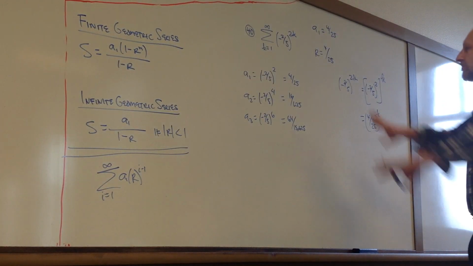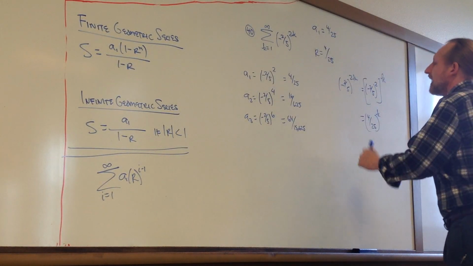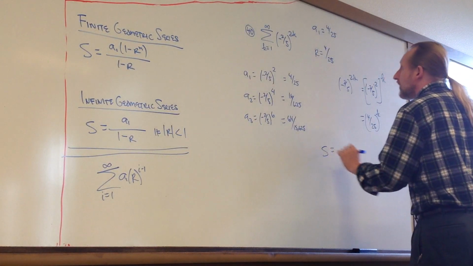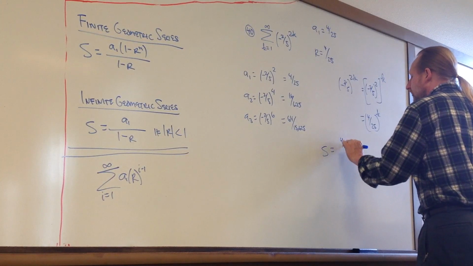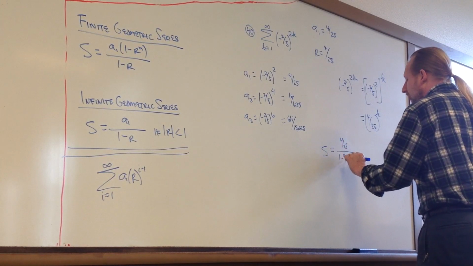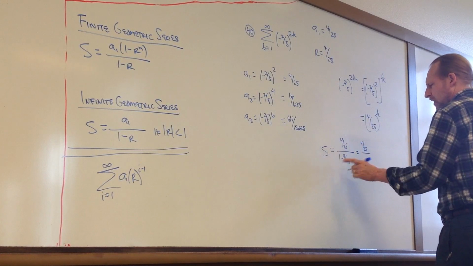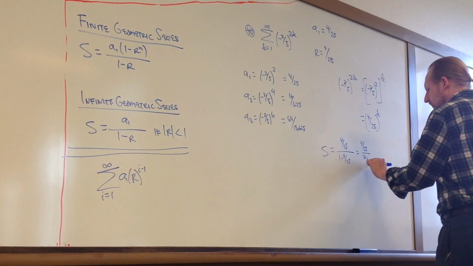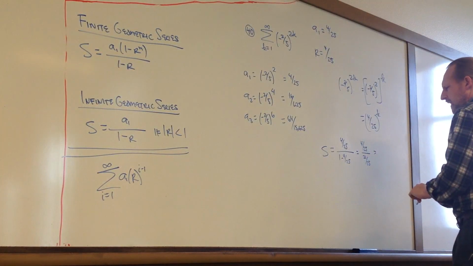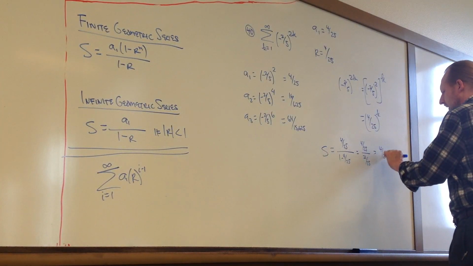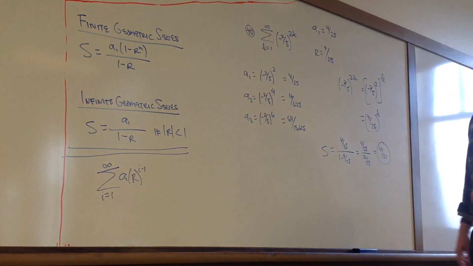Having done all that, now we just need to calculate the sum: 4 over 25 over 1 minus 4 over 25. So that's going to be 21 over 25. And what is this going to be? This is going to add up to give you 4 over 21.